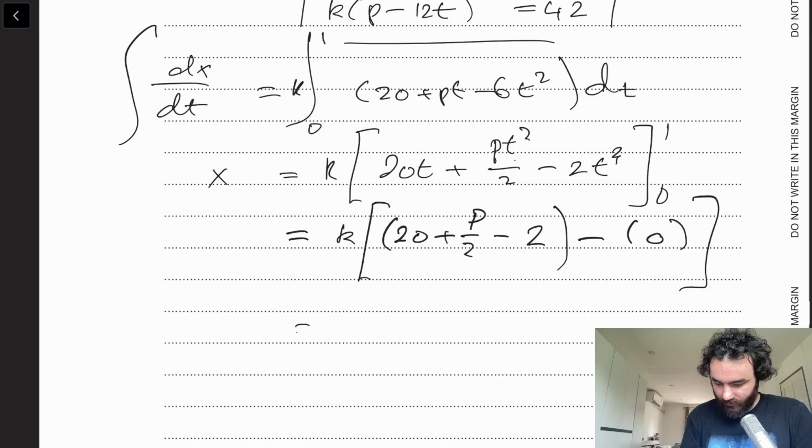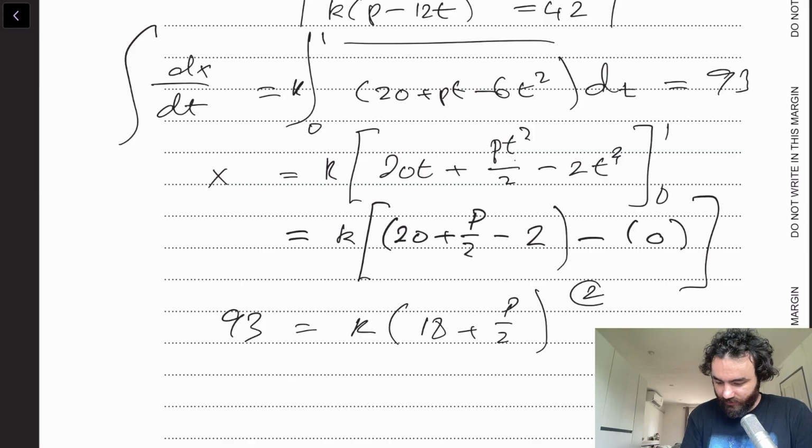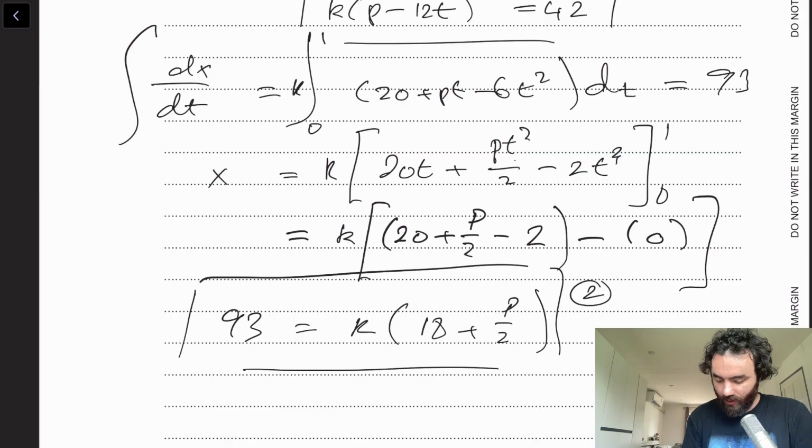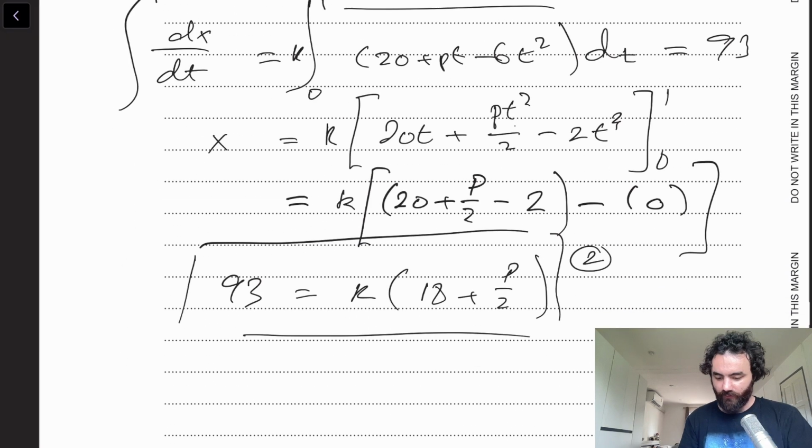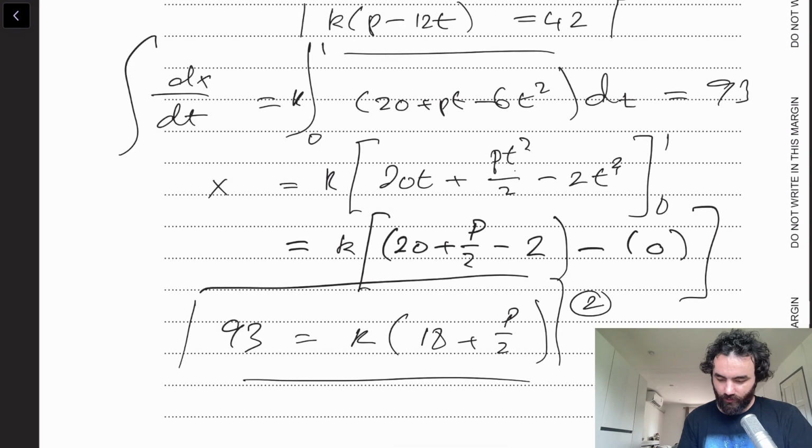So this gives us x, and this will be 93, right? Because this thing evaluated between those two limits is 93. So 93 equals k times 20 minus 2 is 18 plus p over 2. Okay, so that's a second equation with p and k. So now we can just find them out by substituting one into the other.